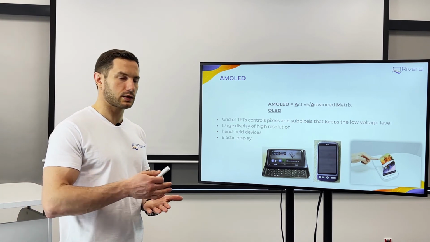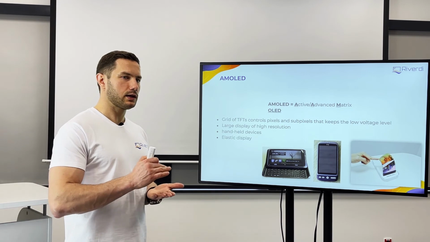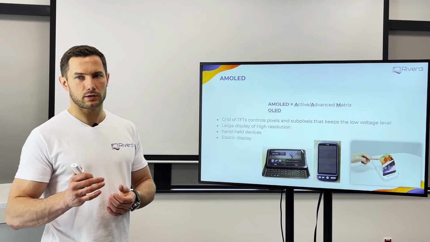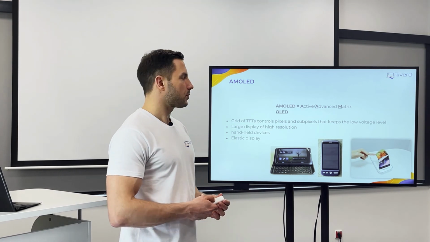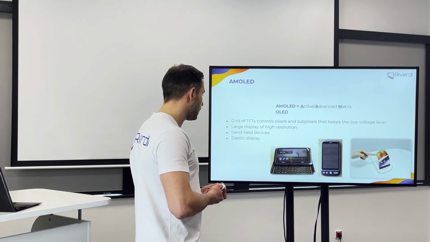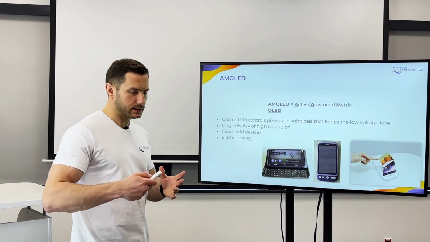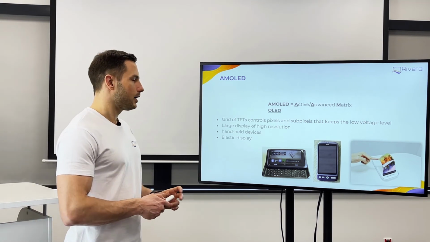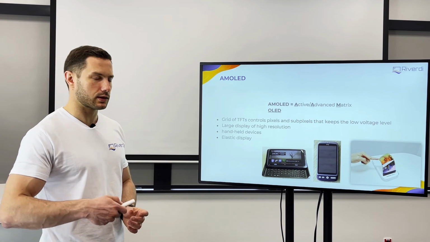We have just the transistors that are switching the pixels on and off. We don't have the liquid crystals, so instead of liquid crystals, we put on top organic light emitting layers, and we switch the diodes on and off on top of this. So the technology is a little bit similar to the TFTs, and that's why investing in tooling and making a new display is so expensive. It's comparable to the TFT.